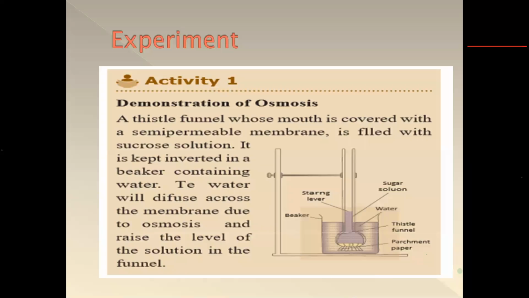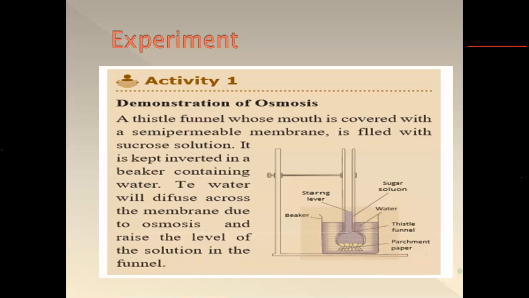So இப்படிதான் இருக்கும் அந்த funnel. அது semi-permeable membrane ஆல covered ஆயிருக்கு and it is filled with the sucrose solution. It is kept in the beaker containing water. ஒரு sugar solution தண்ணிக்குள்ள வச்சிருக்காங்க, பீக்கருக்குள்ள இருக்கிற தண்ணி. சரியா? And the mouth is covered by a semi-permeable membrane.